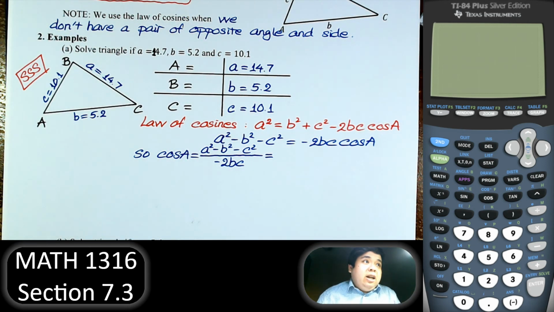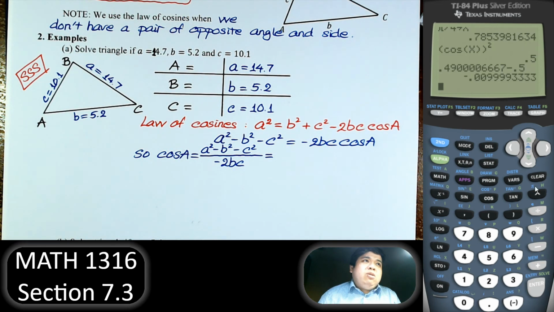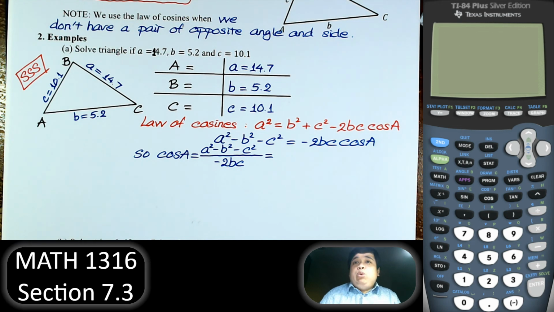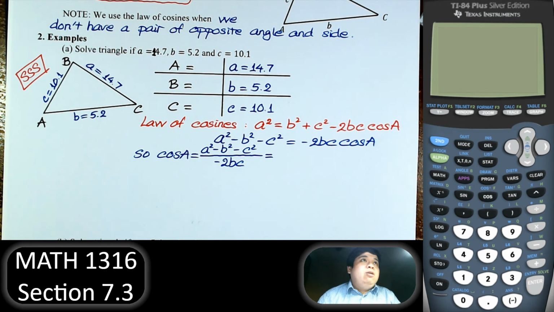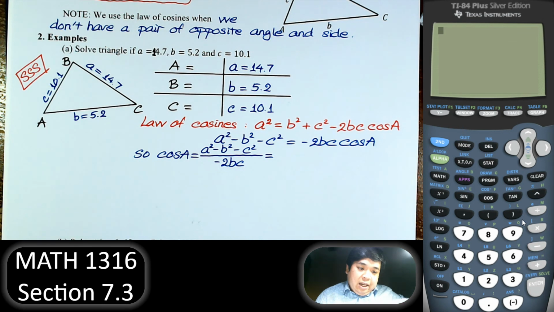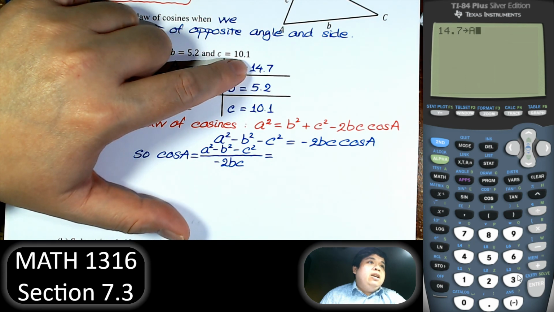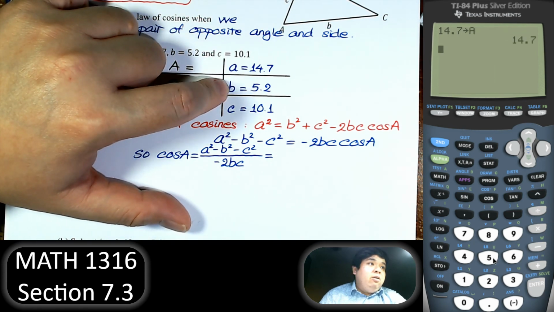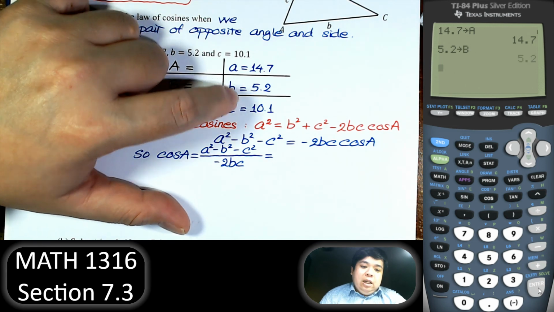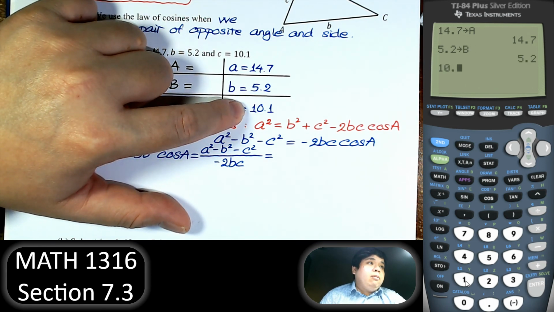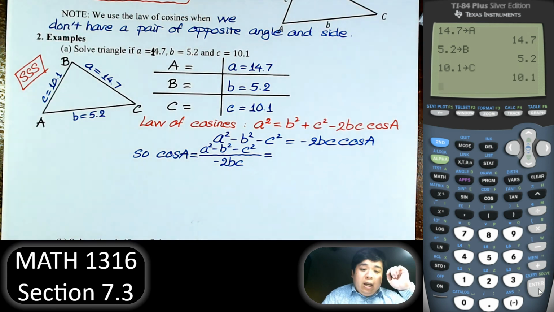I recommend we use the calculator here, even though it takes some time, because it will be useful later. Now, a is 14.7, store into A. B is 5.2, store into B. 10.1, store into C. Now just enter this.